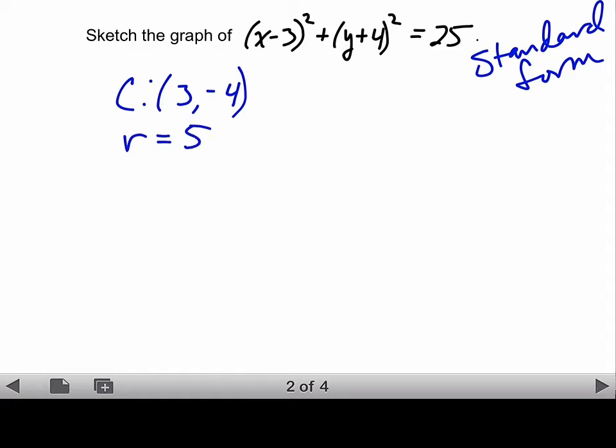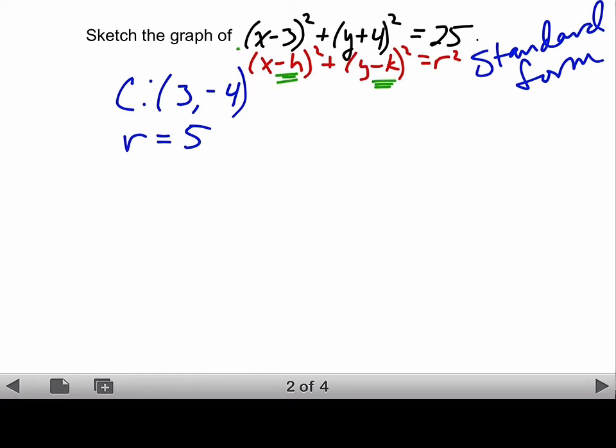Let's pause for a moment to talk about this. Standard form was x minus h, the quantity squared, plus y minus k, the quantity squared, is equal to r squared. Two things I want to point out about this. One is, because this is x minus h and this is y minus k, we're going to change the signs on what we see in those parentheses.